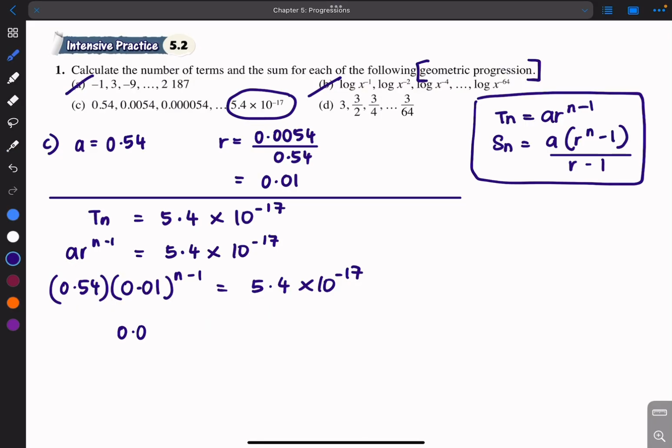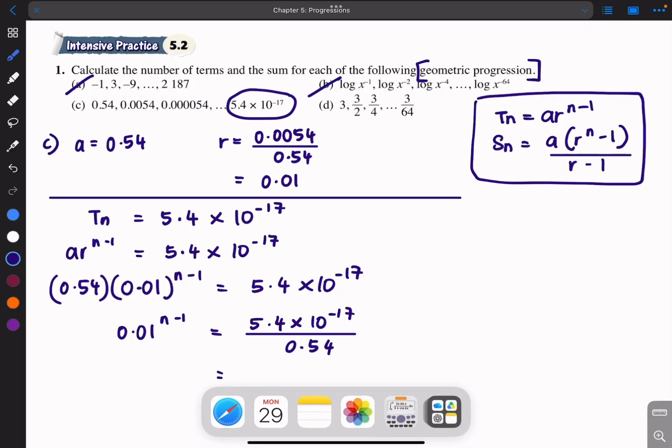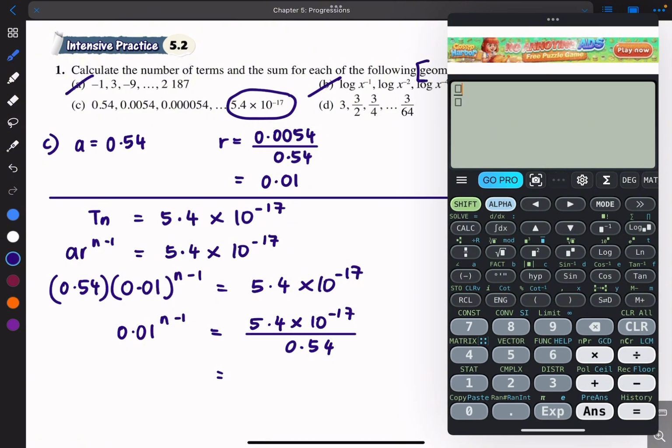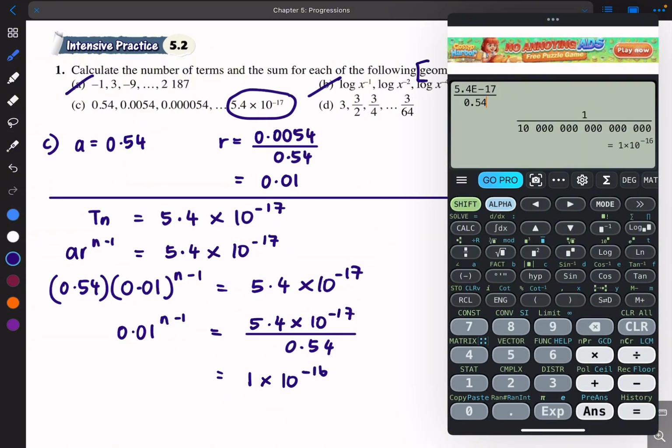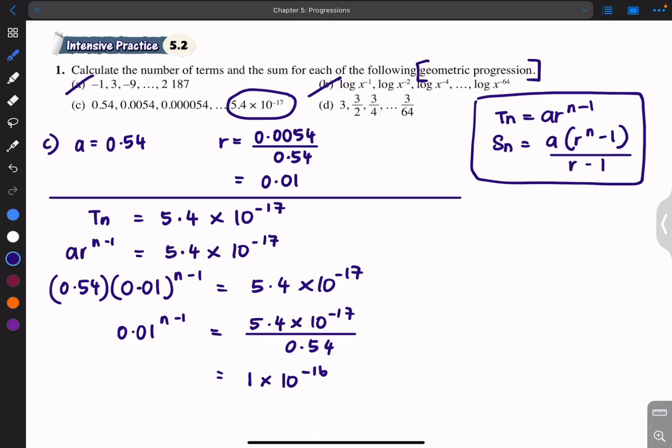So we are left with 0.01^(n-1) is 5.4 times 10 power negative 17 divided by 0.54. We get 1 times 10 power negative 16. That's a very small number.